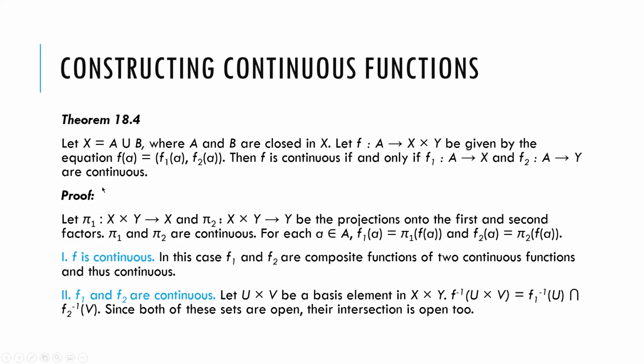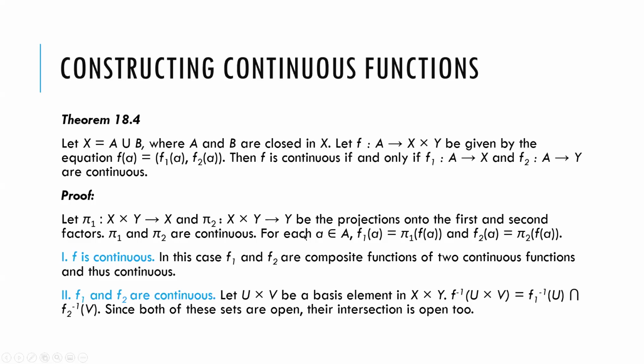If we remember from when we talked about product topology, we had the two functions pi1 which maps X cross Y to X, and pi2 which maps the product of X and Y to Y, and we called them the projections into the first and second factors, and they are continuous.